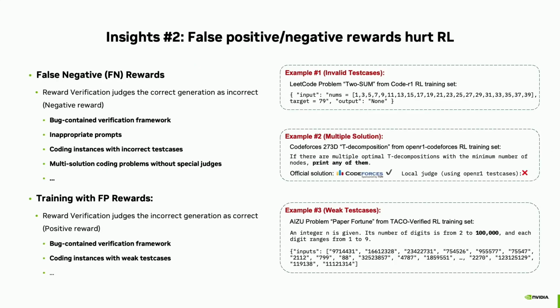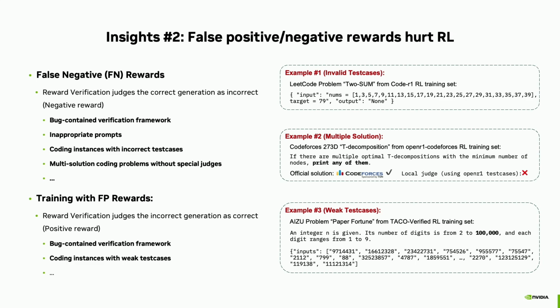Another interesting thing is that we find that false positive and false negative rewards really hurt RL. Here, a false negative reward means that the reward verification judges a correct generation as incorrect. There could be a lot of reasons for having these false negatives.